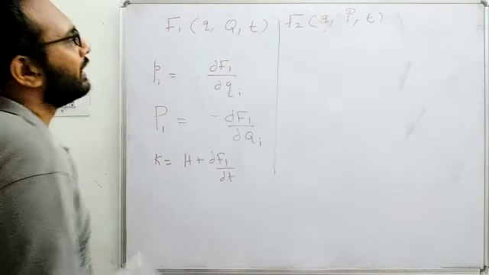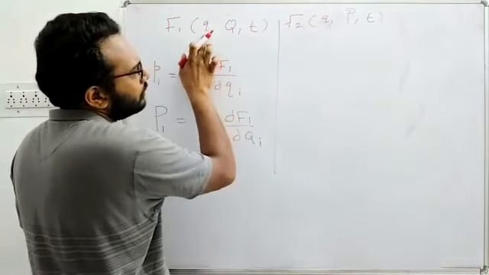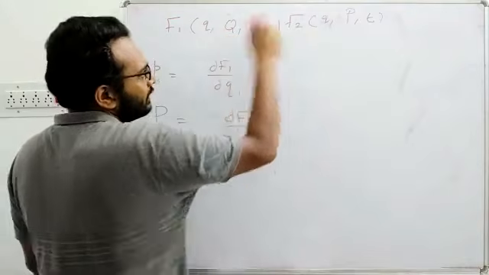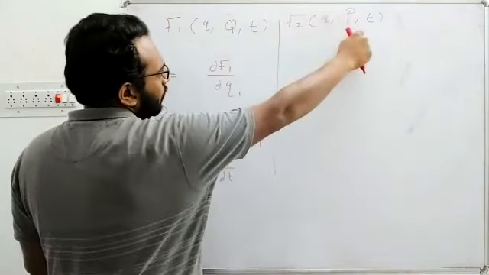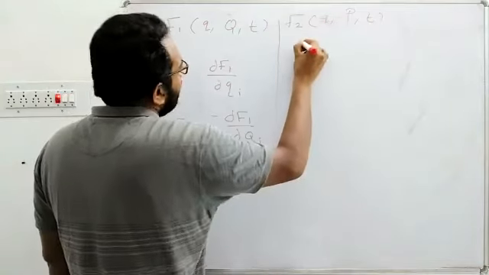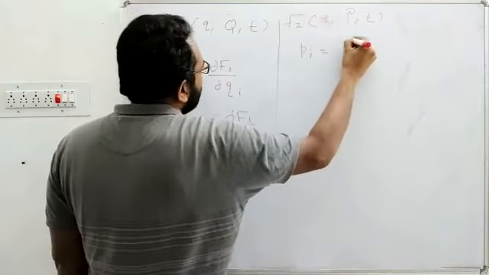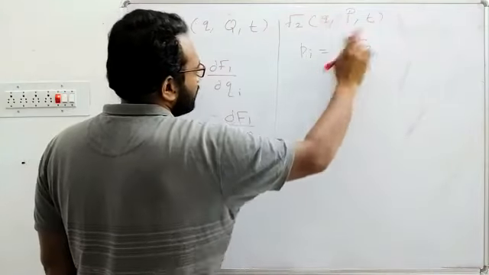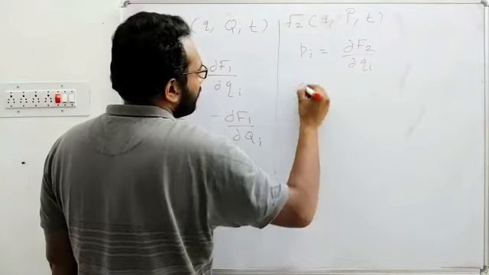Here again, initially you take old coordinates, new coordinates and time. Then you keep the old coordinates and change to the new momentum: old coordinates, new momentum and time. In this case, again, it's easy to see. Small pi is equal to dou F2 by dou small qi. q is in the first position, no minus sign. What about capital Qi?